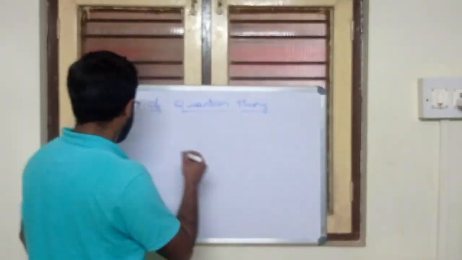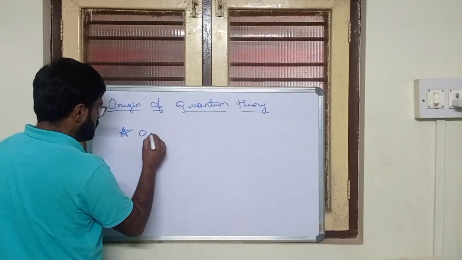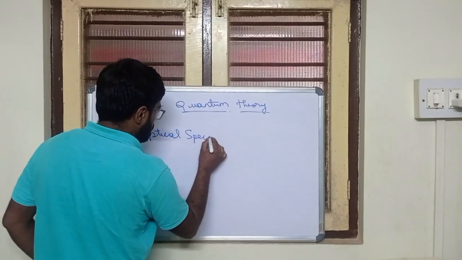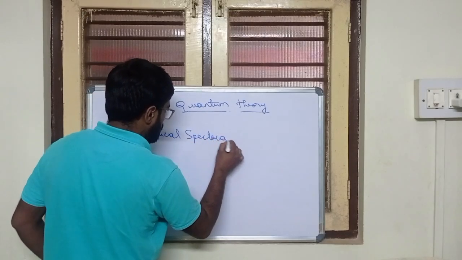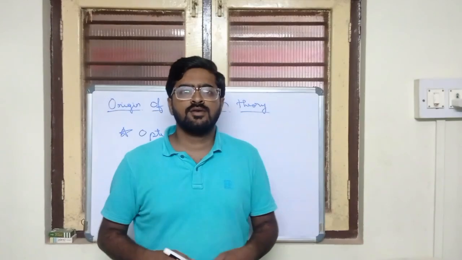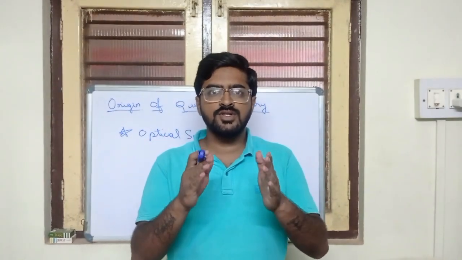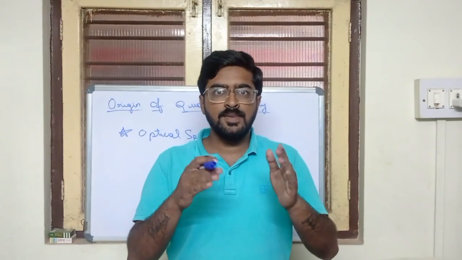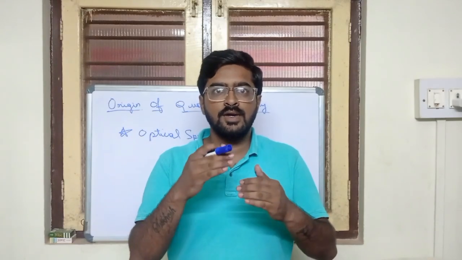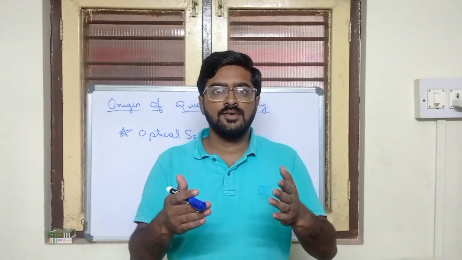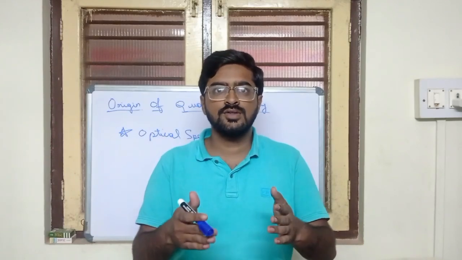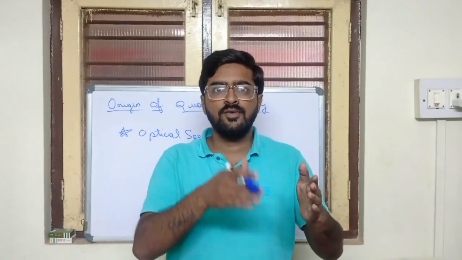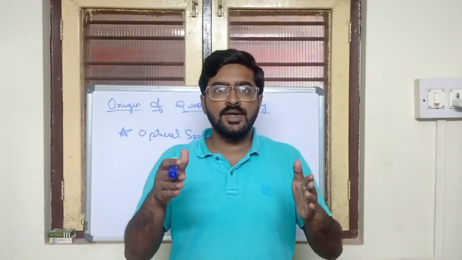Optical spectra. What is optical spectra? Optical means related to light. Spectra means the emission of light, or emission of photons, by transition of electrons that we obtain on a film, where we record different types of spectral lines.